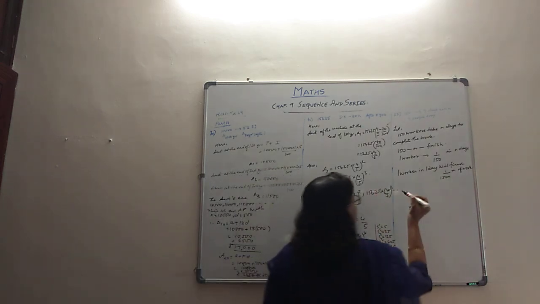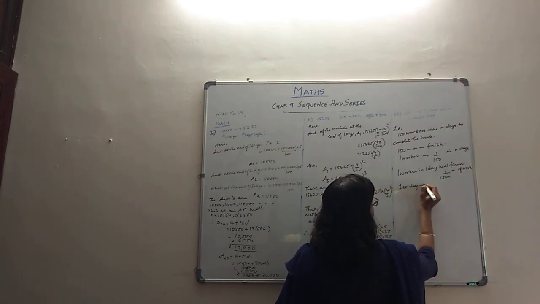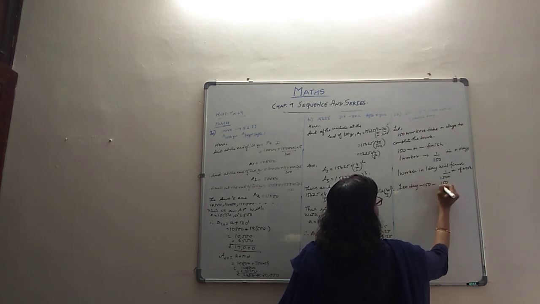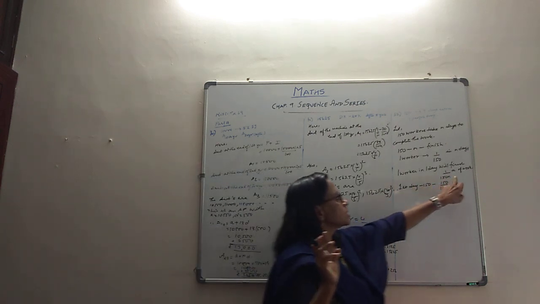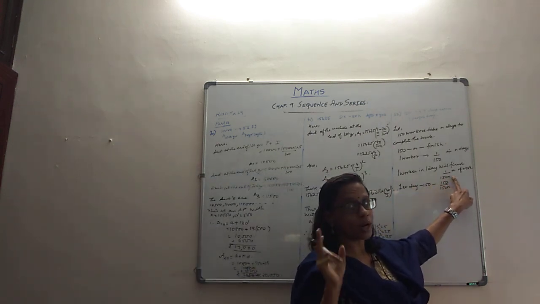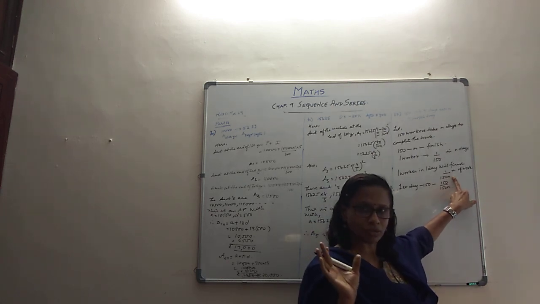So let's analyze. On the first day, what happens? On the first day, there are 150 workers. So this is 1 day's work. How much work will get done? 150 by 150n. This you have to understand. One person's share of work is 1 by 150n. That much work is there for one person to complete.